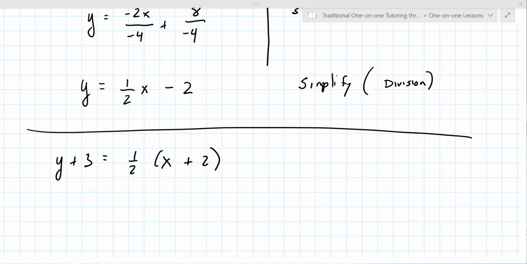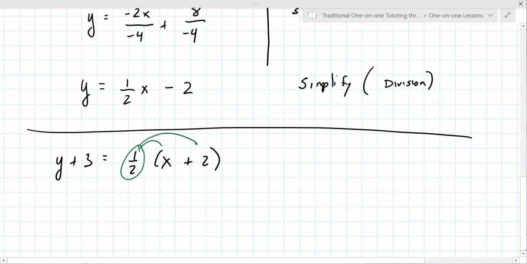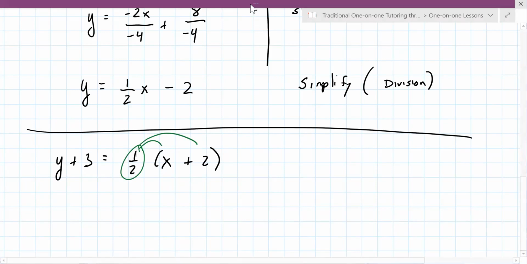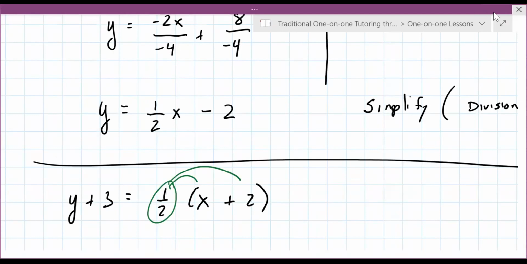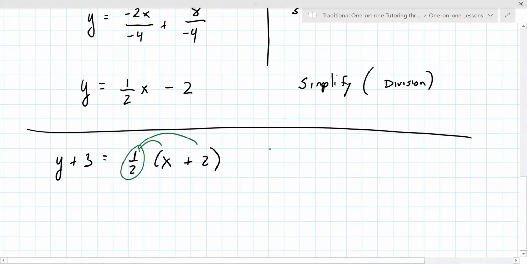Okay, are you okay there? Yeah, I'm okay. All right, so the first thing here is you're going to distribute this 1/2 to both. So what that looks like, and let me write it out here. We're going to distribute 1/2 to both x and 2.